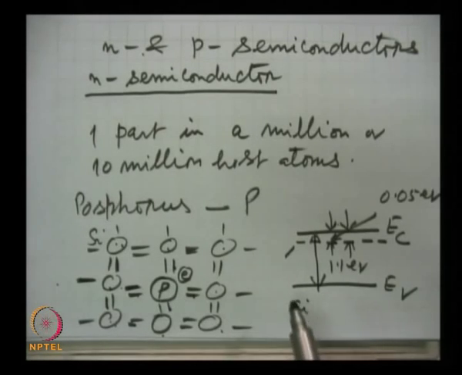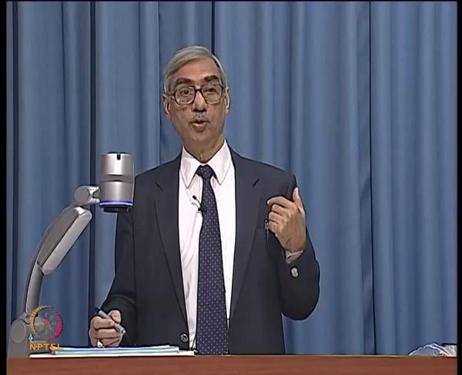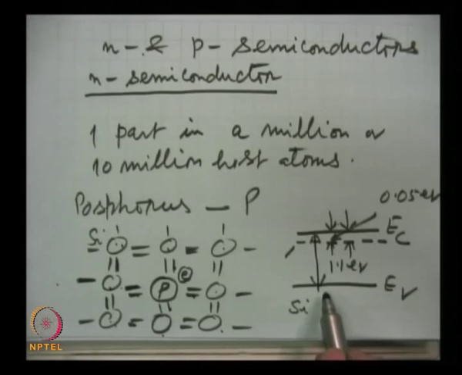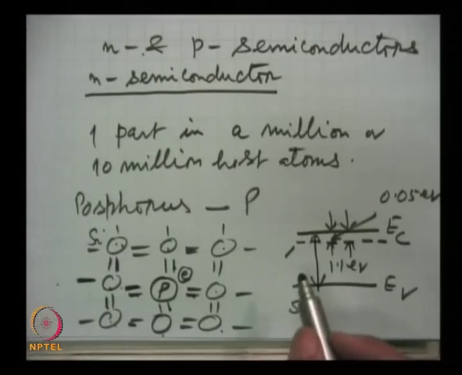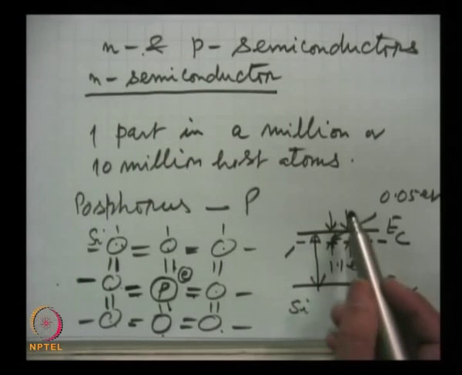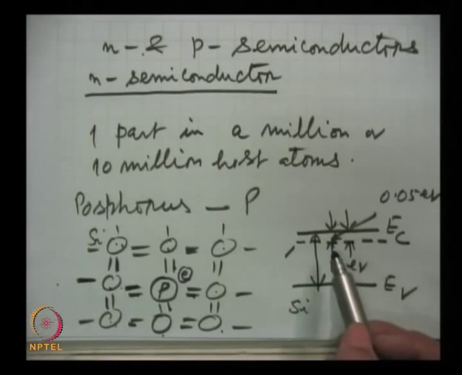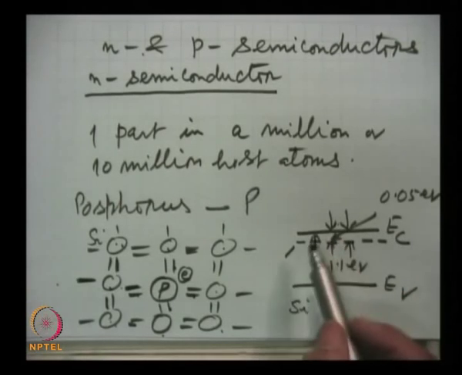Now, there are a few things which you should note. One is, in an intrinsic material, each electron which has moved to the conduction band has left behind a hole. Therefore, in an intrinsic material, the concentrations of electrons and holes are equal, and in this case the fifth electron has moved to the conduction band, but it has not left behind a hole.